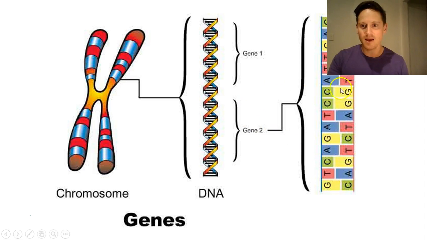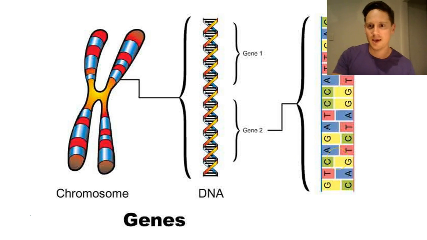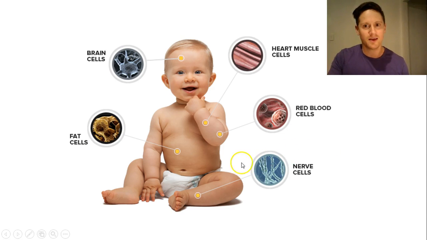What it actually does is code for a protein. The genetic code is, just like the name suggests, a code, and the body produces proteins, and those proteins carry out lots of different functions in our body, and they are what account for all of our genetic differences.